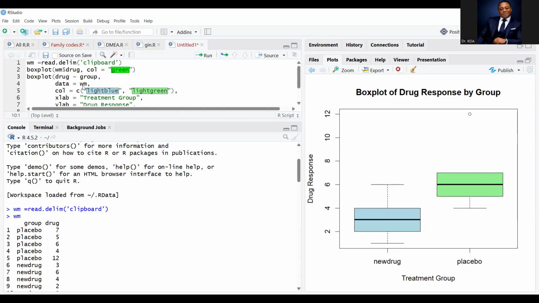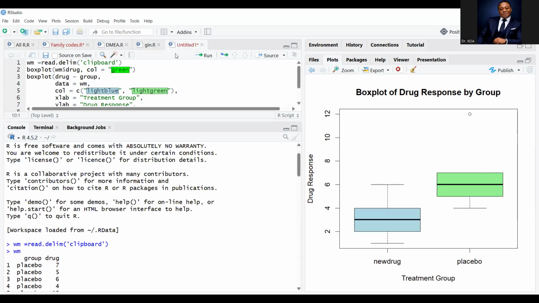Okay. And in your data set, your group comes first and your drug comes second. Yes, my group comes first and then my drug comes second. But you're able to share your screen, aren't you? Yes, let me try. Oh, I can't. Okay, hold on.